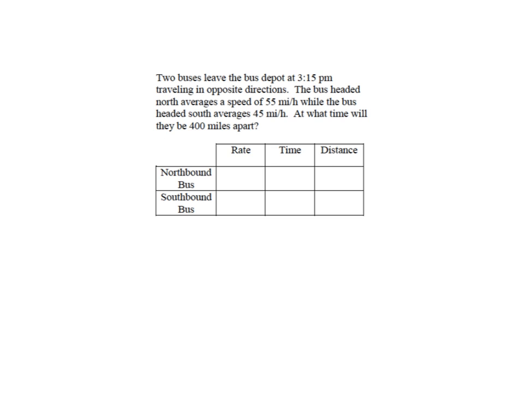Now let's try this one together. We have 2 buses that leave the bus depot at 3:15, traveling in opposite directions. So here's my bus depot. One is traveling one way while the other is traveling in the opposite direction. The bus headed north averages a speed of 55 miles per hour.